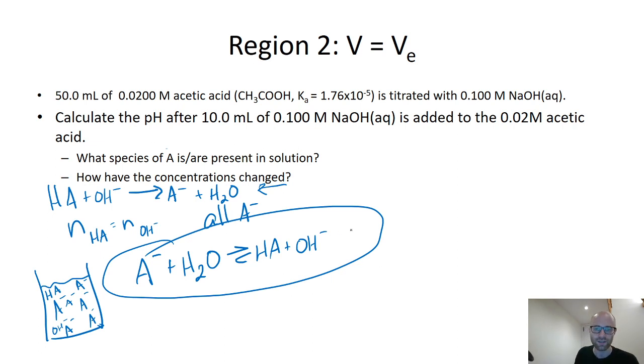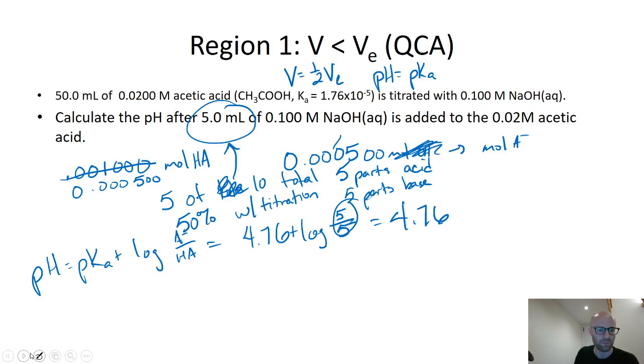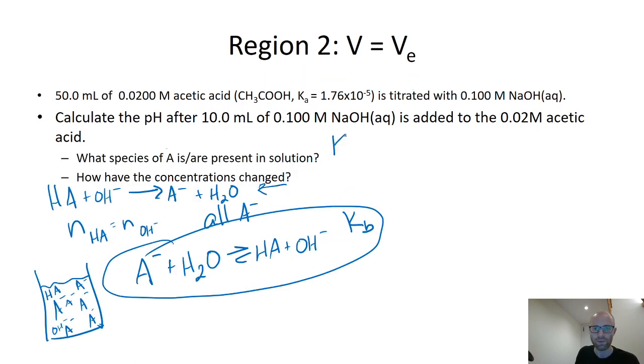This reaction is governed by Kb. So in this case, we actually need to use Kb equals HA times hydroxide over A minus.